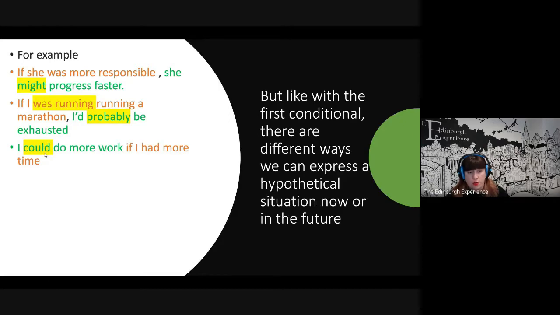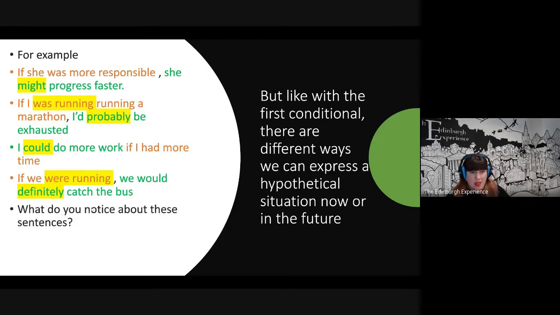Here, instead of would, I've used could because I want to focus on ability, on possibility. Again, here we've used the past continuous, and here we've added another of these adverbs of speculation, definitely, to give that aspect. So it's quite different to that classic structure we talked about before.